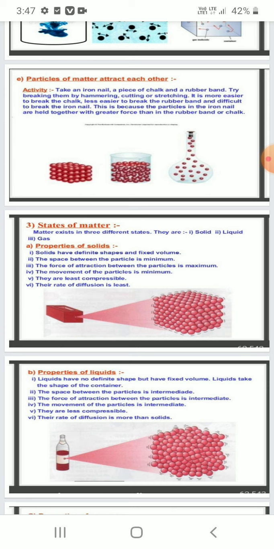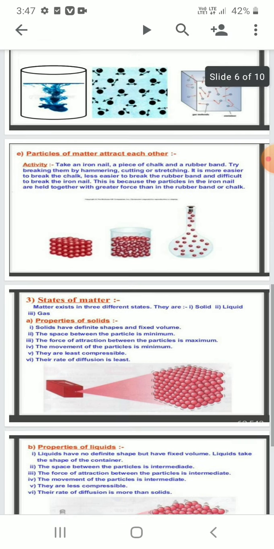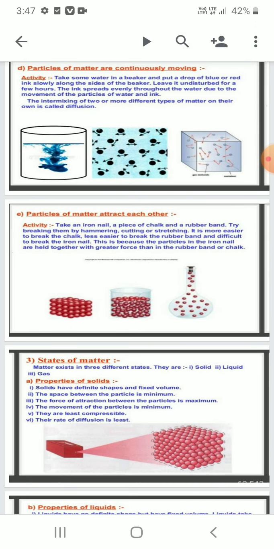Why is it so? All three are solids only, but you can find there is a difference: when you hammer it, it will not break easily. What might be the reason? This is because the particles in the iron nail are held together with a greater force than in the rubber band or chalk.